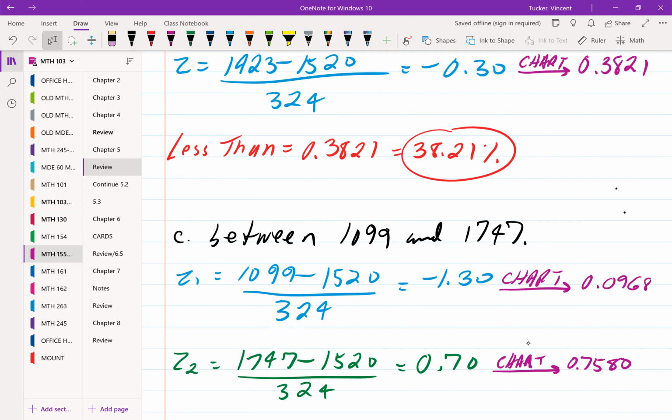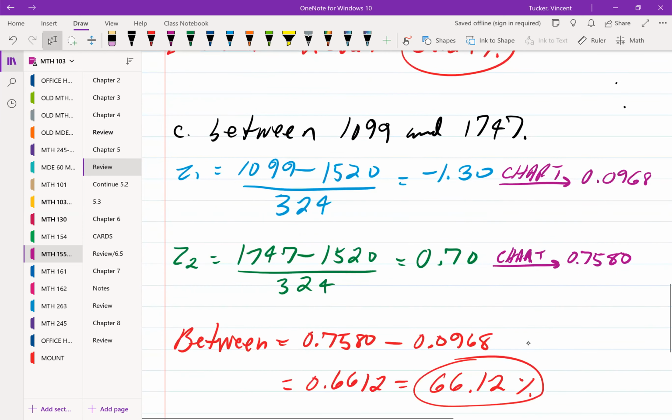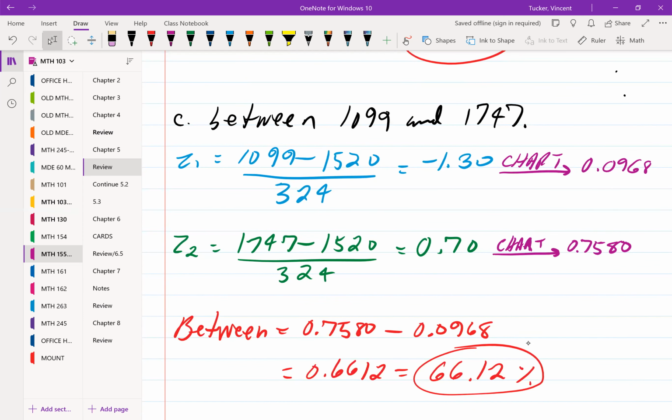And then 1747 minus 1520 divided by 324 gives me 0.70. Now, when you go to the chart, you get these two values of 0.0968 and 0.7580. And now, once you get your chart values for the third scenario, between, you subtract them from each other. And that'll give us 0.6612, and that's 66.12%.